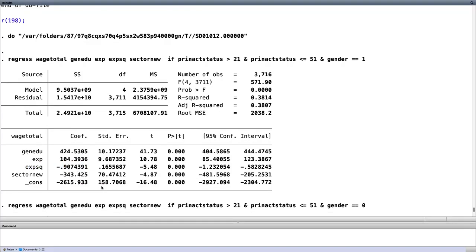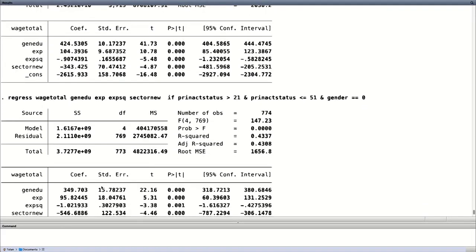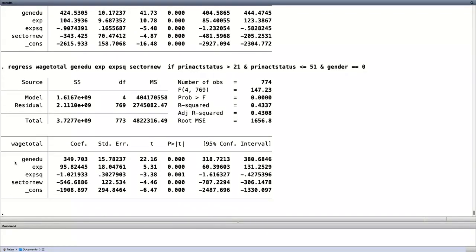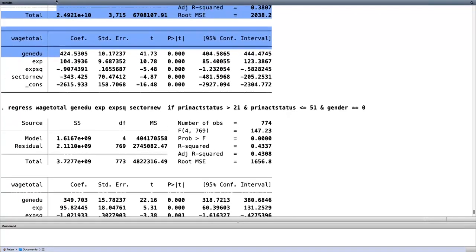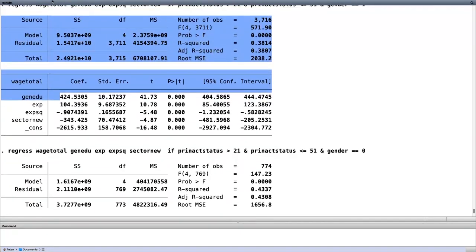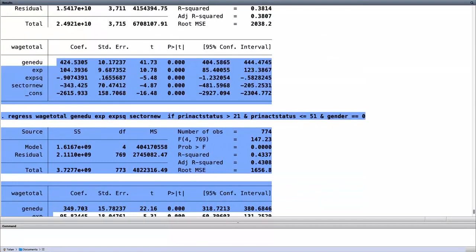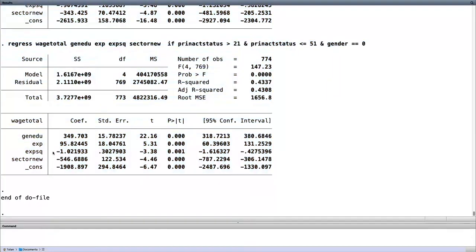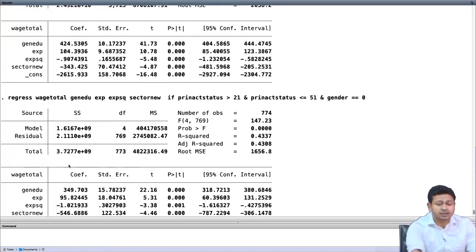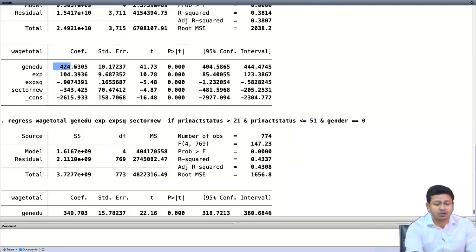Now this is for males, and for females we see the impact of general education is 349, which is quite different from 409 that we had for the regression with both males and females. Experience is also less, it is 95.8, and experience square is minus 1.02. So the coefficients are not the same.